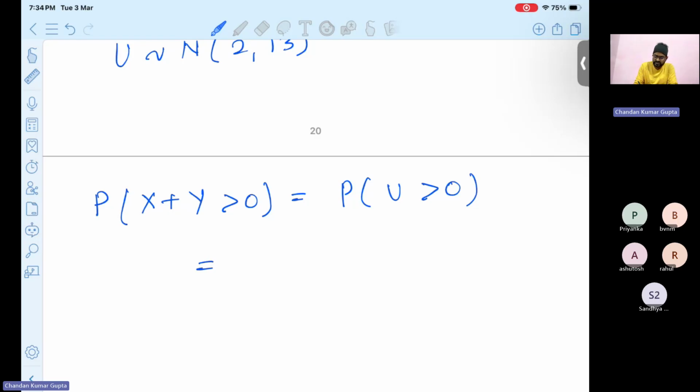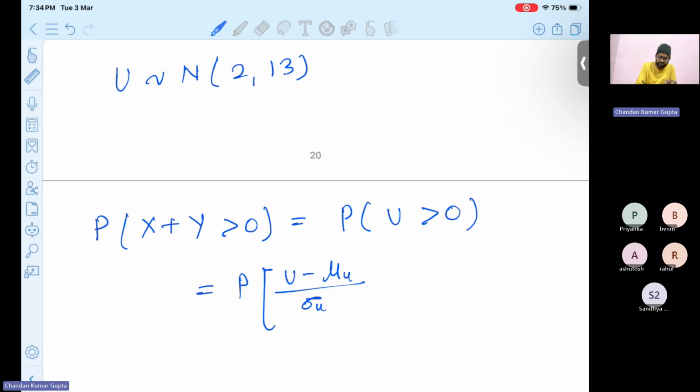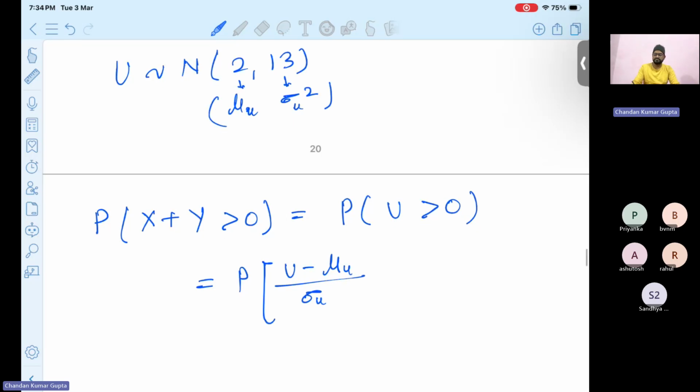So it is u minus mu u upon sigma u. Mu u is equal to 2, and sigma square u is 13. So from there, greater than 0 minus 2 upon root 13.